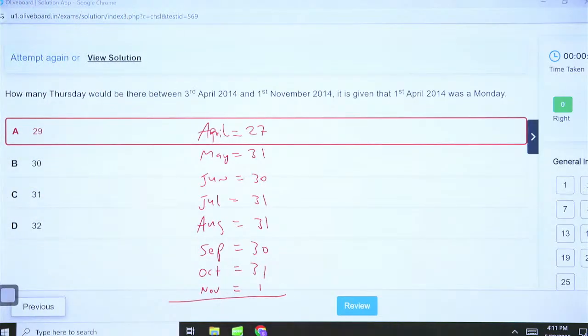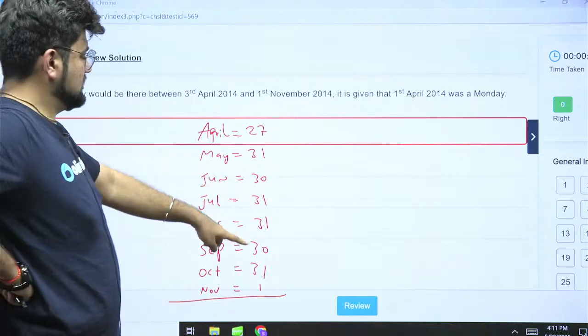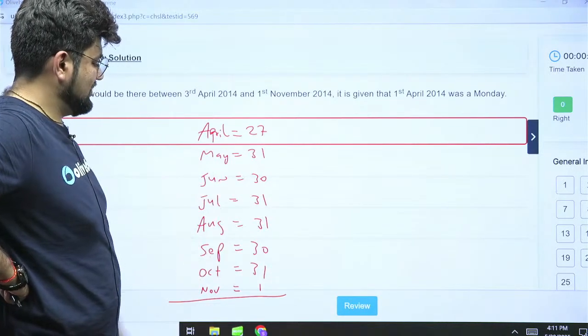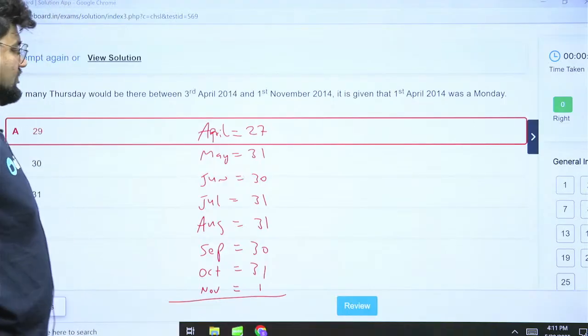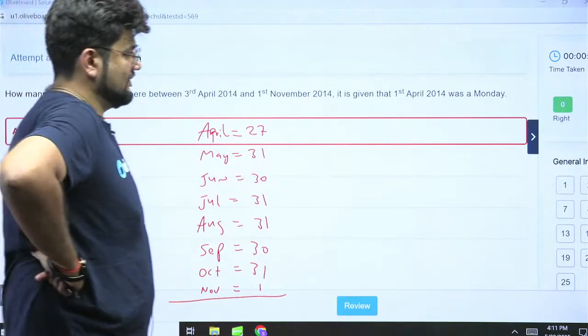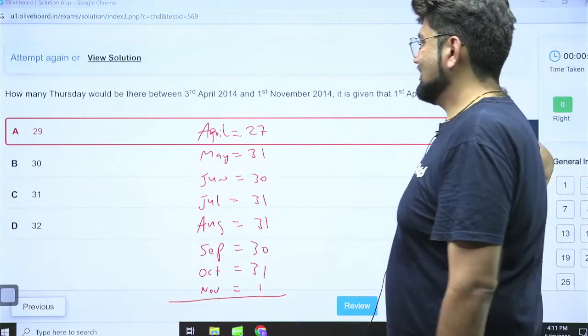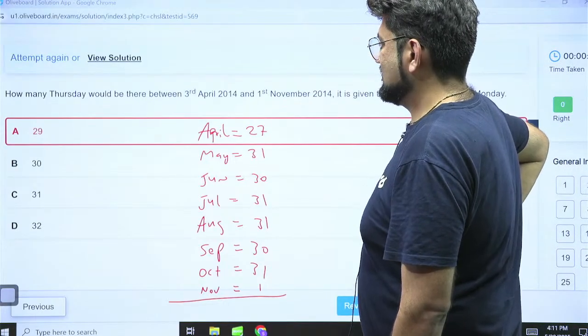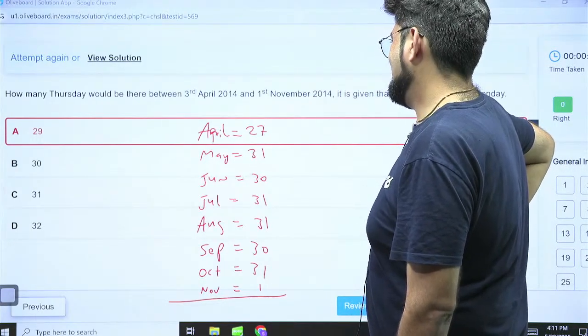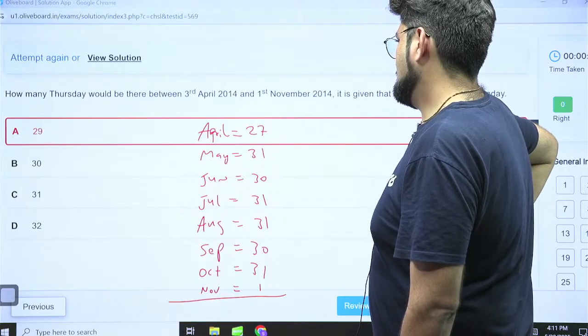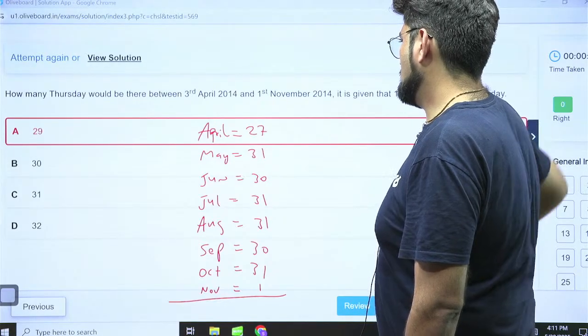Now just check the total. 60, 1, 2, 3, 4, 124 and 60, 184, 184 plus 28, 212, right?